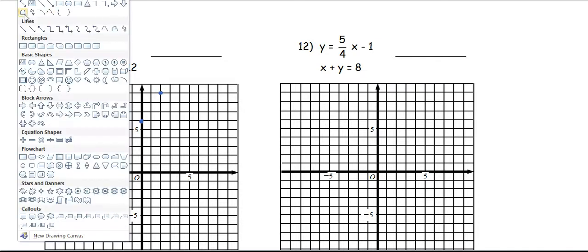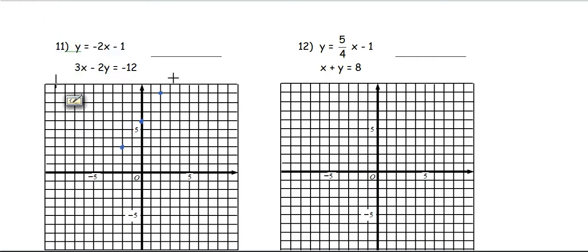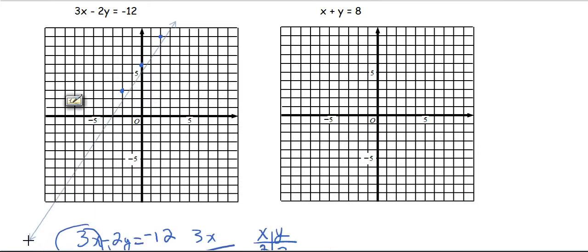And once again, it is extremely important that you draw your line directly through those points all the way across, just like that. I'm sure you can hear the dog in the background. He's having fun rolling around on the new carpet.